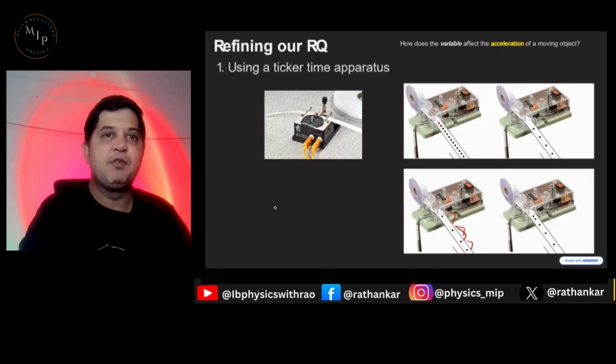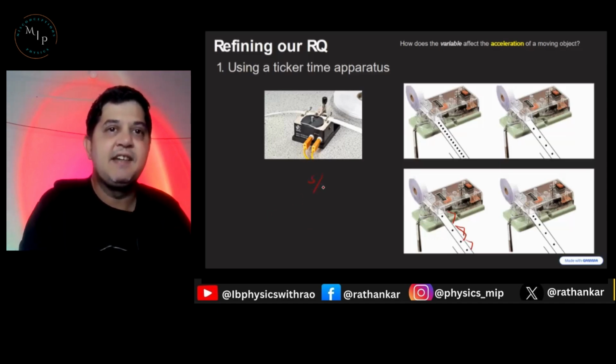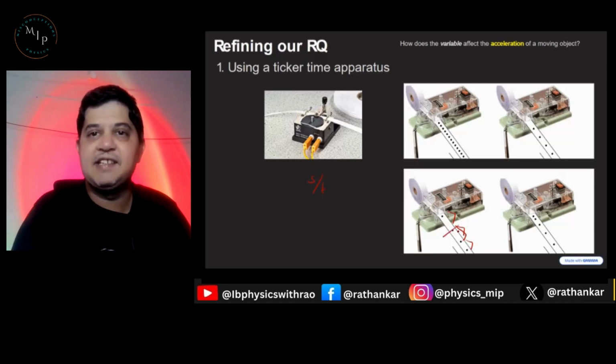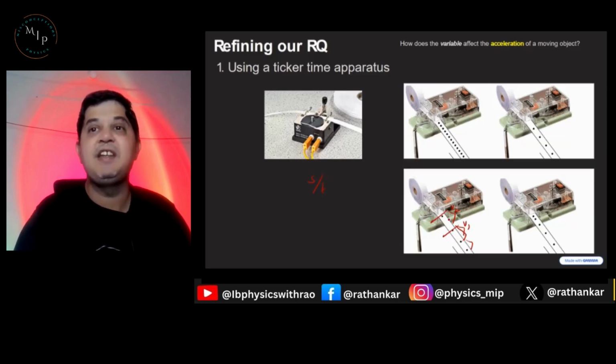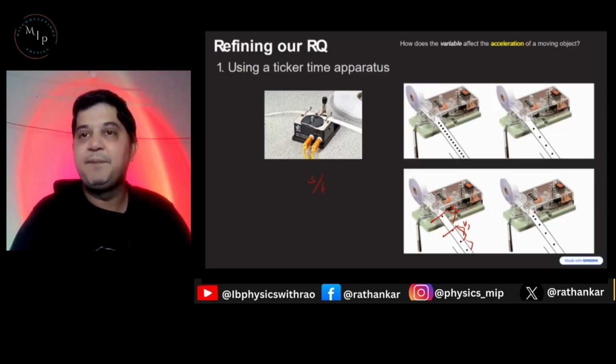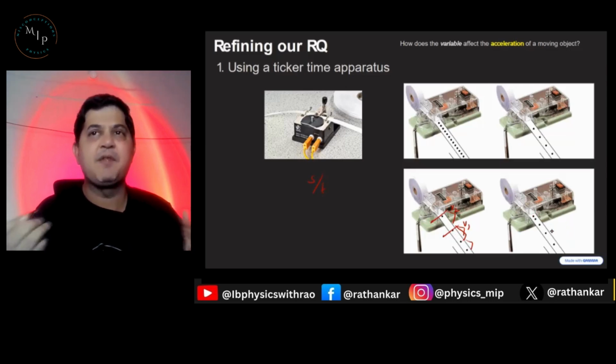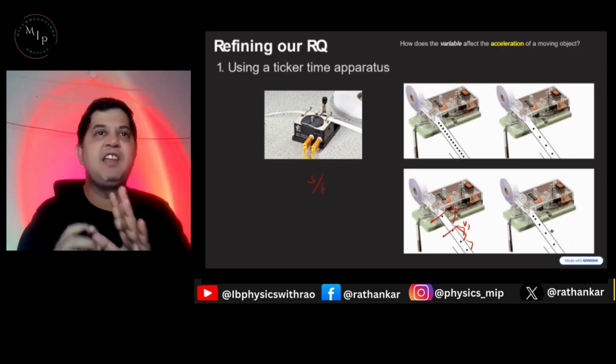So S increases, T is same. So therefore, now what you can see, the velocity is increasing. The velocity at this instant is, let us say, V1, at this instant is V2, then V2 will definitely be larger than V1, and as a result, there is acceleration. Now here what's happening? It is decelerating. That's what we can understand by looking at the ticker timer apparatus.